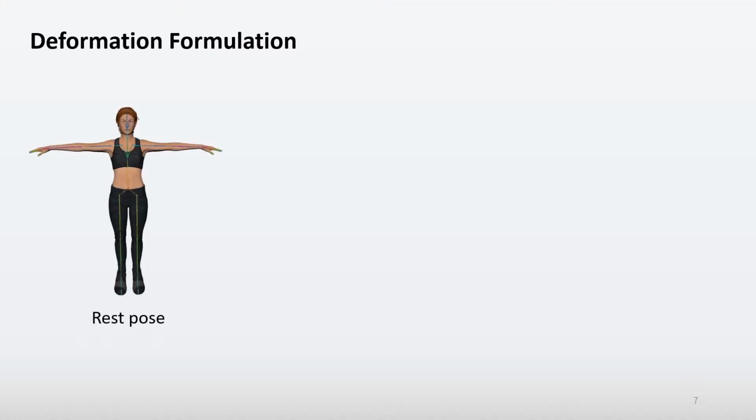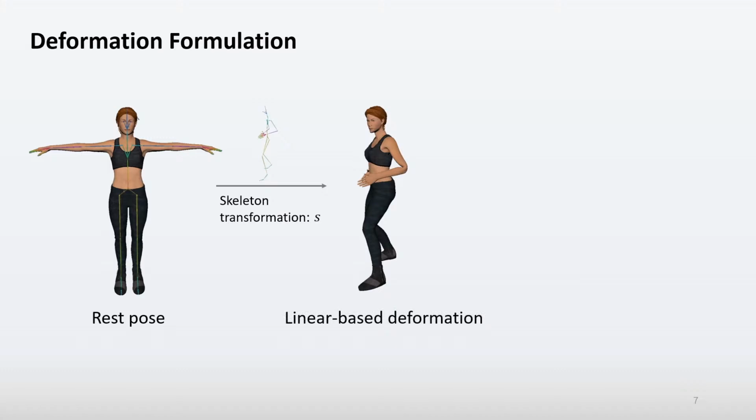We use a formulation to summarize our pipeline. Given a character in rest pose, through the transformation S of each bone in the skeleton, we first use the linear-based method to deform the mesh. In this process, because skinning weights are directly computed without manual modification, the deformation result TS is inaccurate and visibly different from the target deformation.